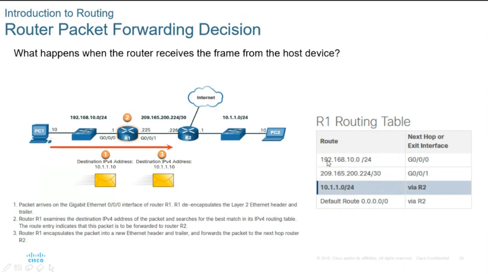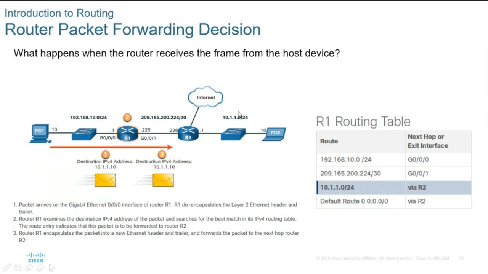In our routes, we have the address 192.168.10.0, which is one network, and its next hop is this interface G0/0/0. Then another route, another network, 209.165.200.224/30, with the exit interface G0/0/1.